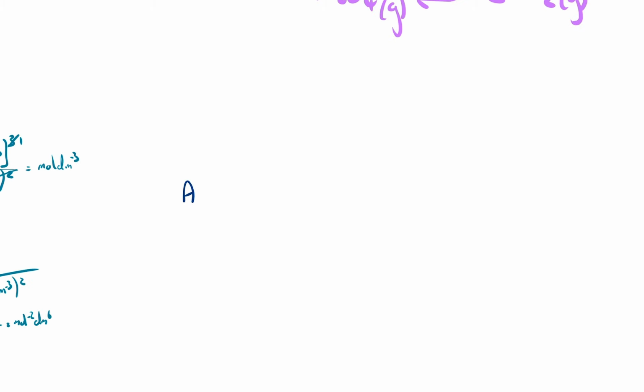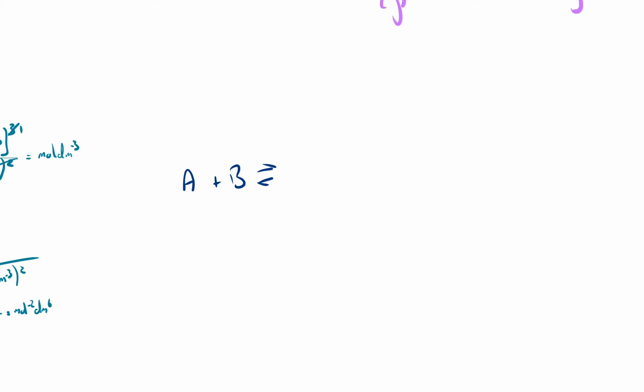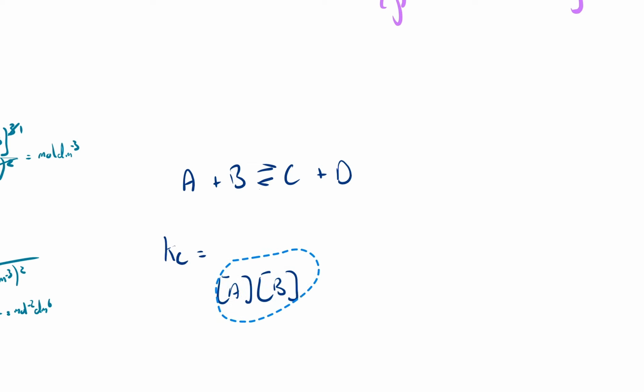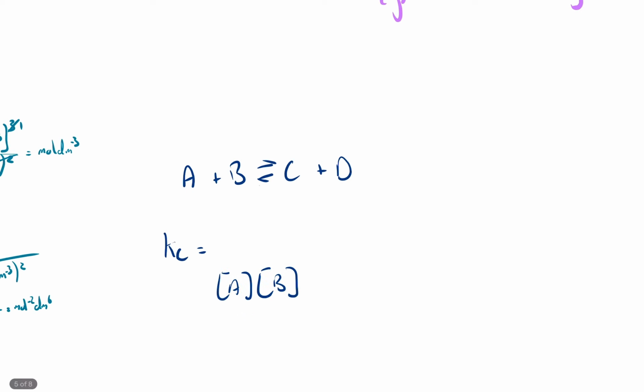Say if we had A plus B makes C plus D. When it came to our units, A, B would be on the bottom, C, D on top.